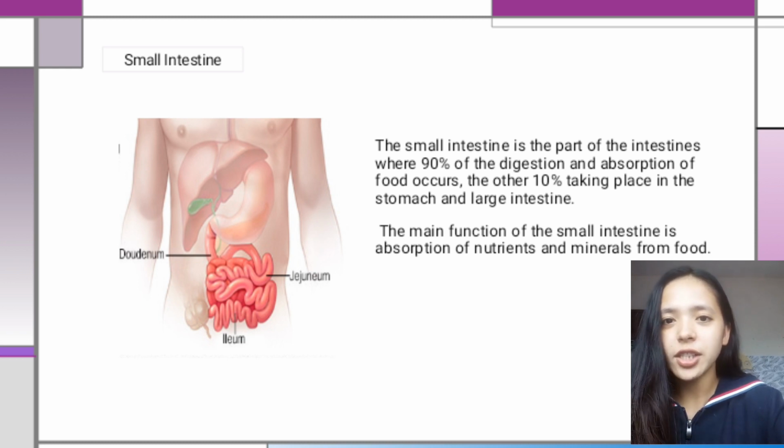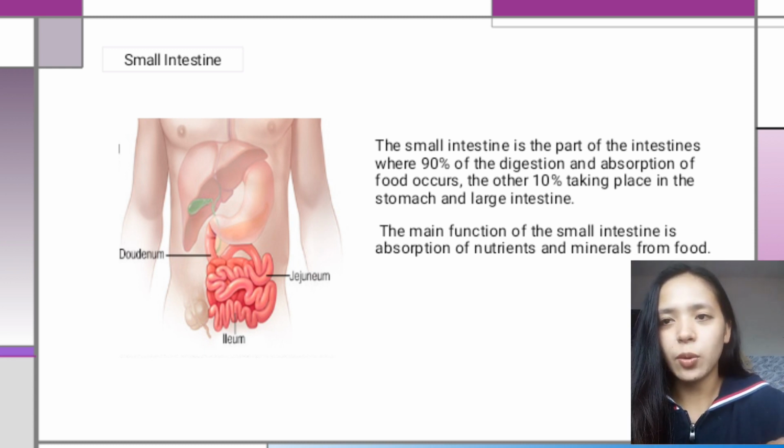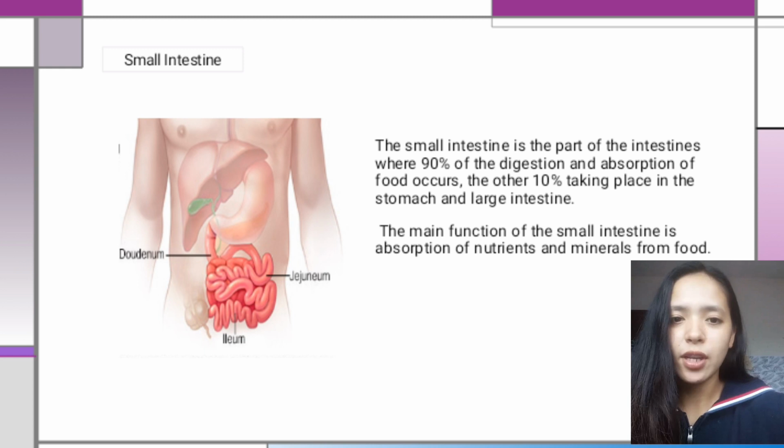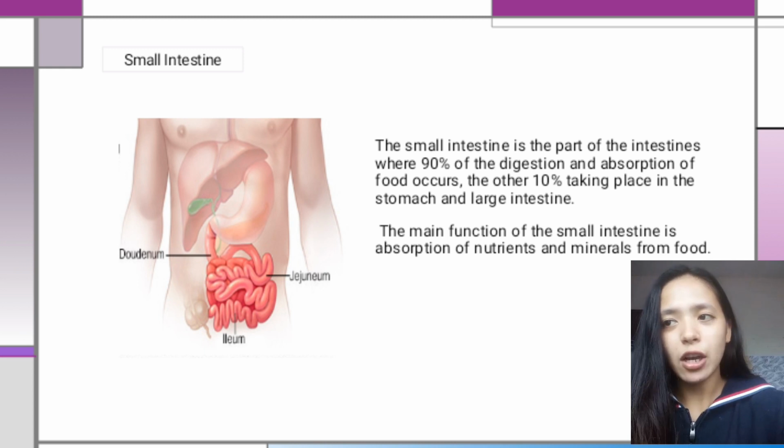It has three types, which are the duodenum, jejunum, and also the ileum. The duodenum is the first part of our small intestine, and then the jejunum and the ileum finish absorbing the nutrients we have taken in. The main function of the small intestine is absorption of nutrients and minerals from food.